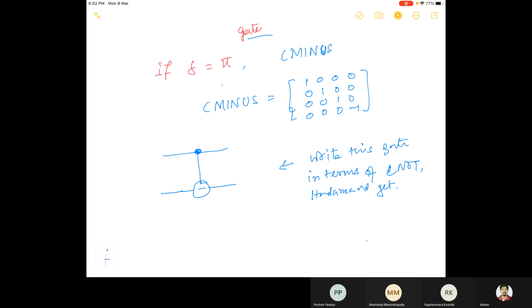There is a precise meaning to almost all, but most of the gates are actually universal gates. I'll prove at least one set of gates which will form a universal set for quantum computing.